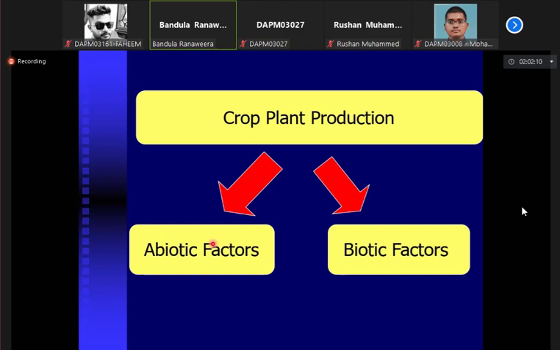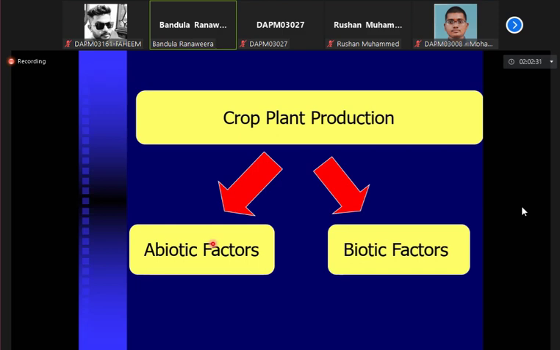There is no necessity of discussion on the management of abiotic factors again, because under nutrient management, soil management, under agronomic practices, we were talking about the provision of optimum levels of abiotic factors to the crop.